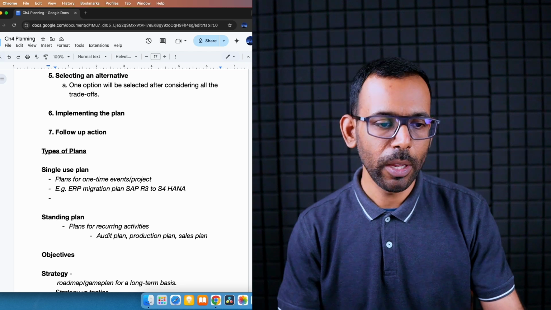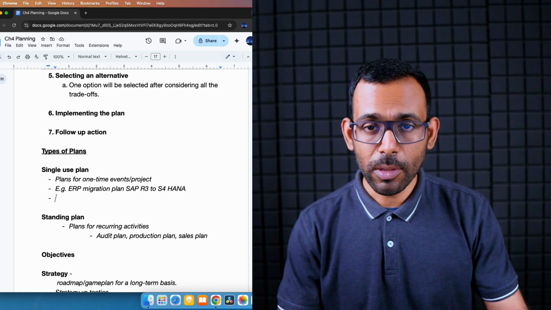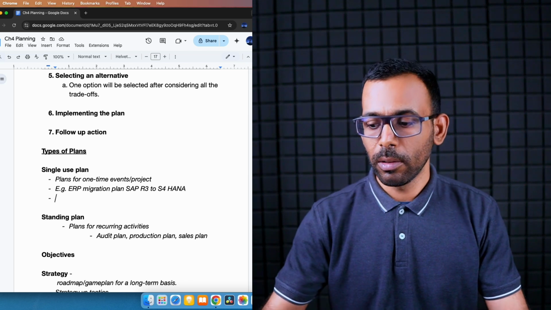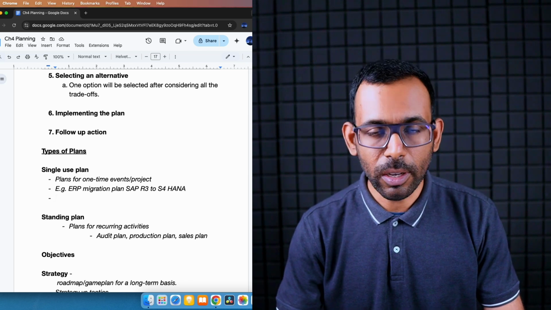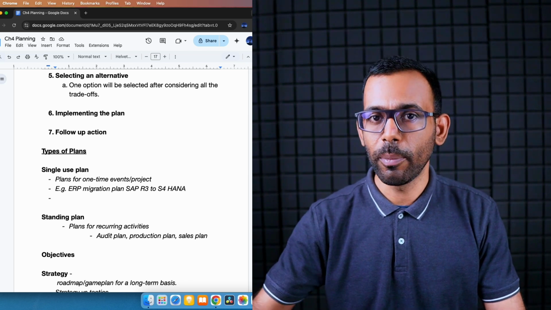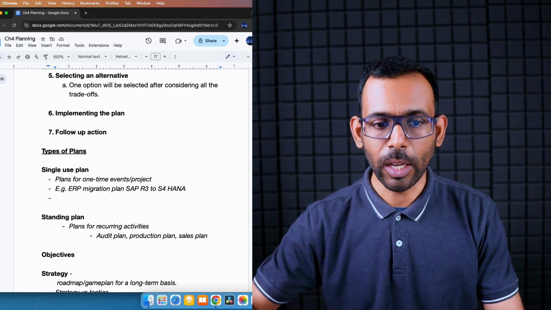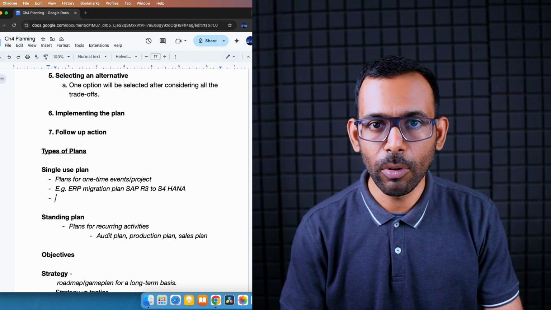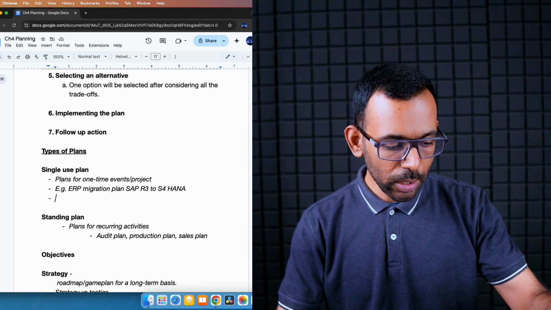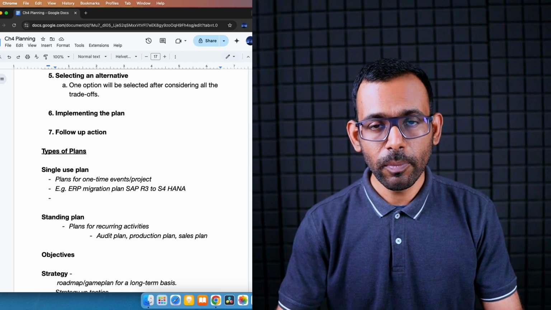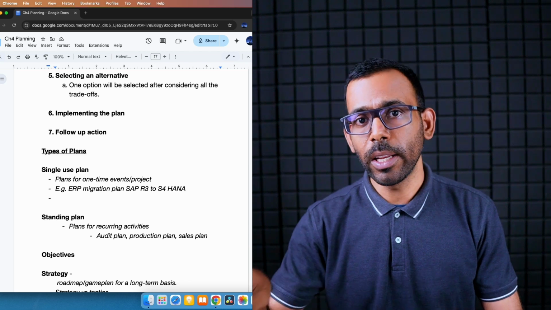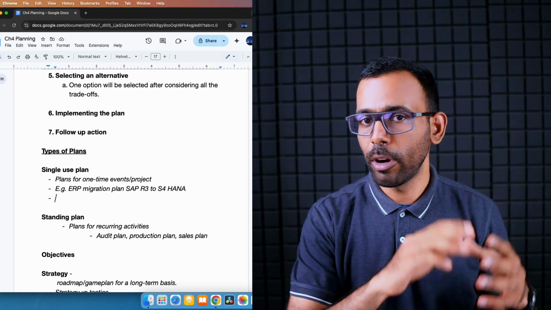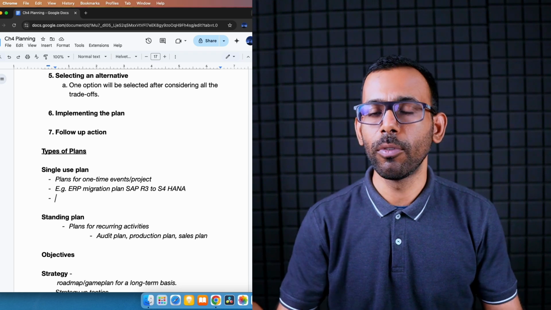I clearly remember that the project migration commenced in August 2018 and the project ended on March 31st, 2019, because from April 1st, 2019, the company decided to cut R3 and move fully into S4. So from August 2018, 5 months plus in 2019, 3 months, totally 8 months it took us to move from the R3 version of SAP to the S4 version.